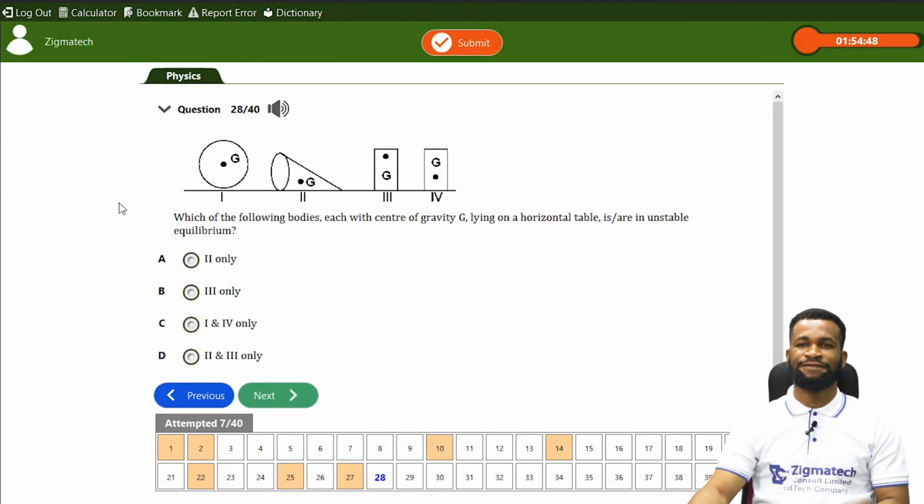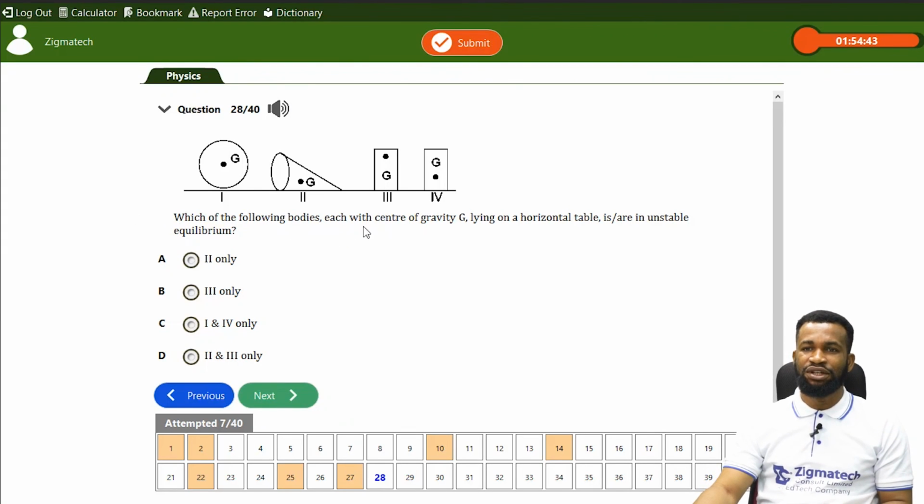And look at this again. Which of the following bodies, each with center of gravity G, lying on a horizontal table, is or are in an unstable equilibrium? This cannot be in a stable equilibrium. For it to be in a stable equilibrium, the center of gravity needs to be very low. And look at this one, the center of gravity is high.